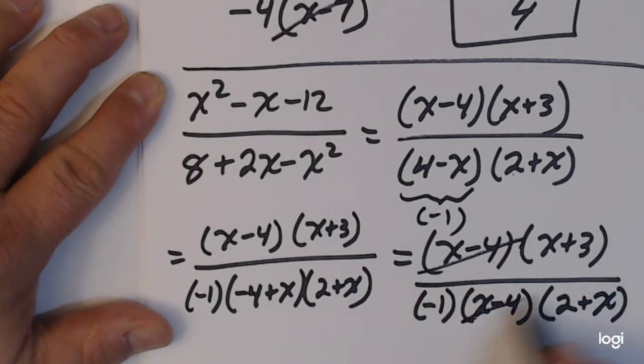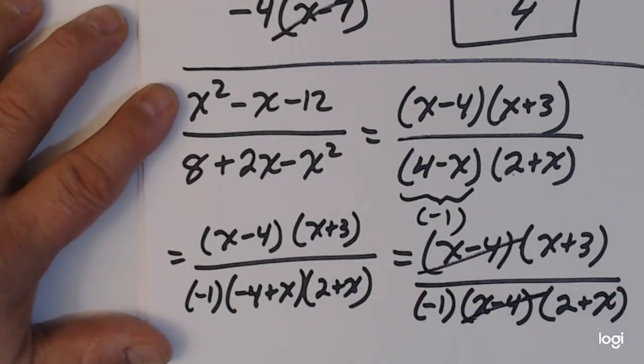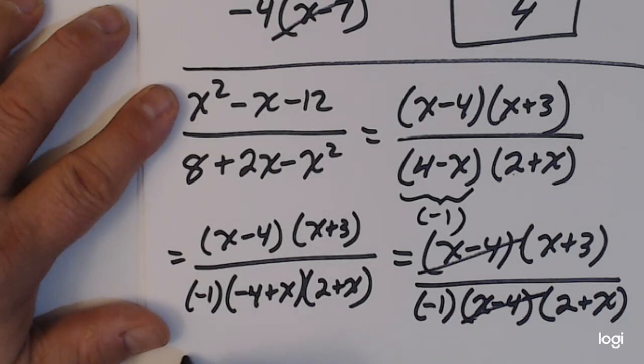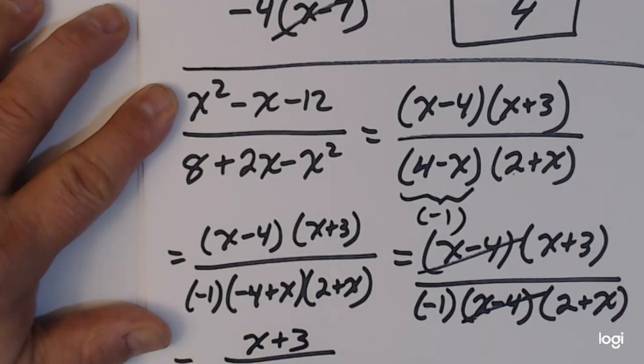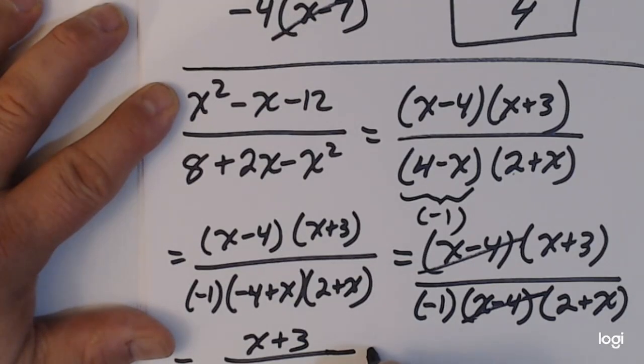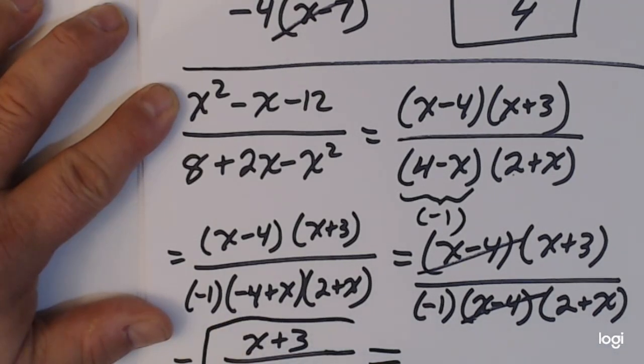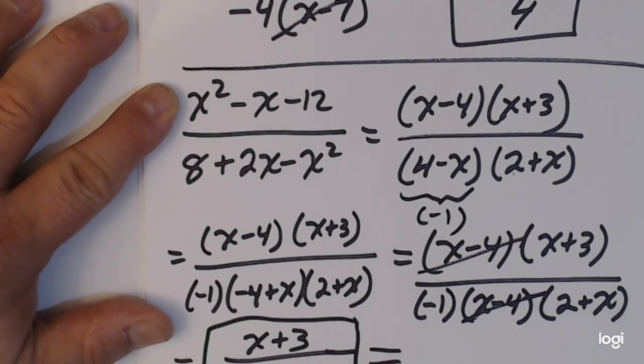The x minus 4's go out, and that leaves us with x plus 3 over negative 1 times x plus 2. And if you wanted to, this is perfectly fine. If you wanted to, we could do negative x plus 3 over x plus 2.